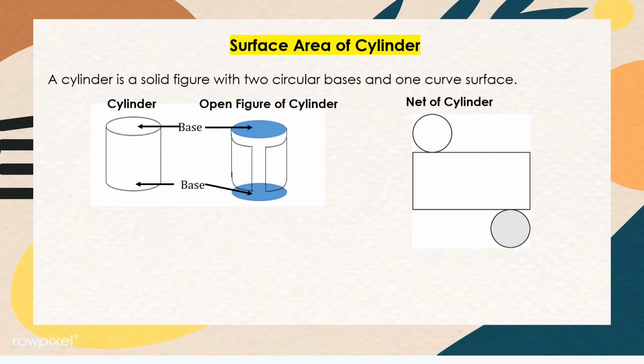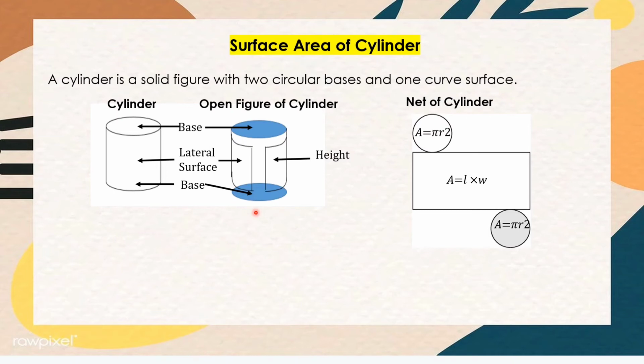We have two bases, which are circles, and a lateral surface, which is a rectangle, and of course the height of the cylinder. The area of a circle is pi r squared, while the area of the rectangle is length times width.